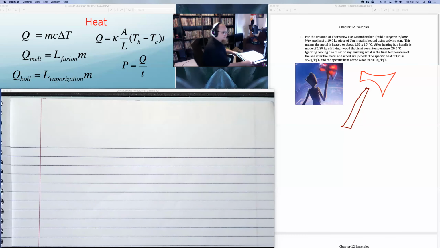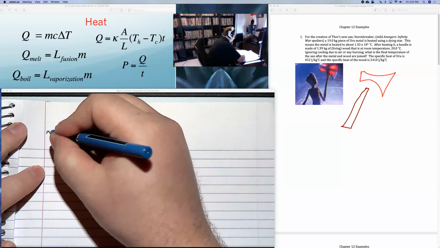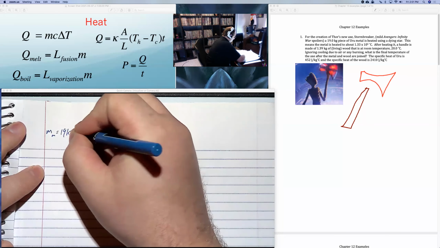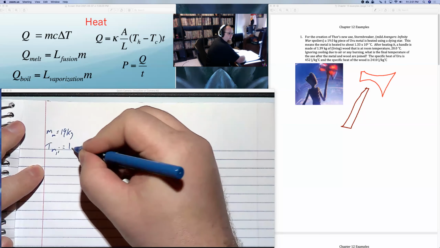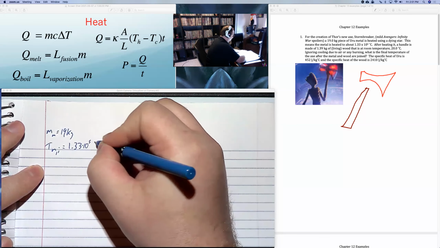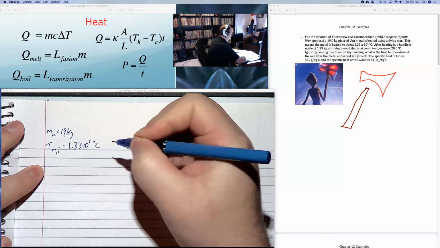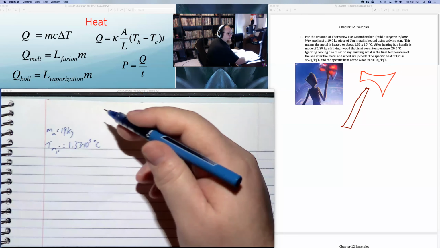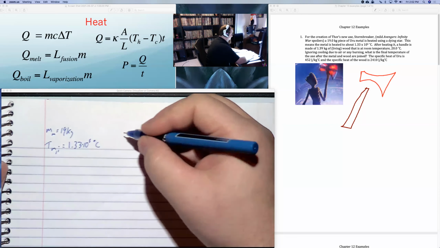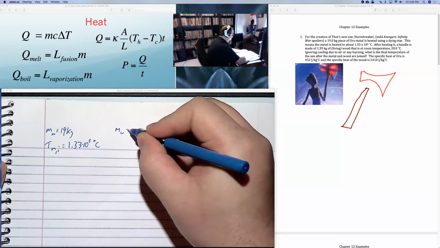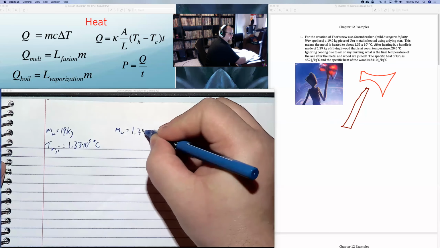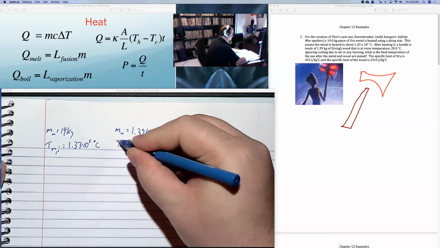We have a piece of metal with a mass of 19 kilograms, heated up to a temperature of 1.33 times 10 to the 5th degrees Celsius. It's then combined with some wood, which has a mass of 1.39 kilograms. That's at room temperature.